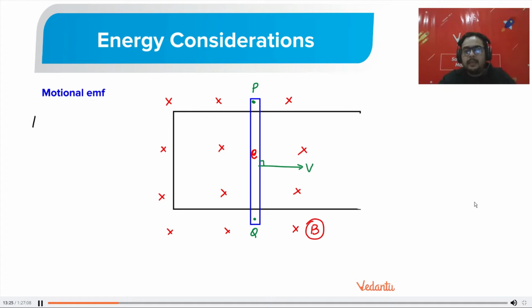Yes. If you remember, the formula for force was Q into V cross B. Can you all understand this? The formula for force on any moving charge in a magnetic field is Q into V cross B.